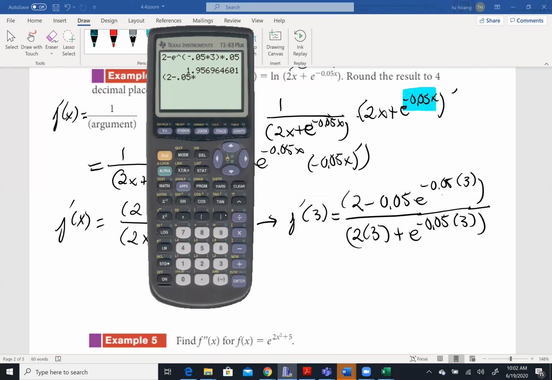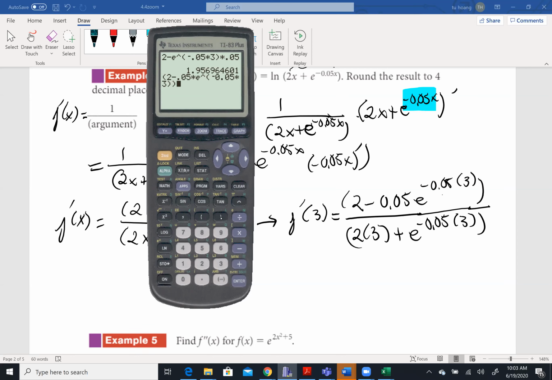I have the little e on the calculator here. So e to the power negative 0.05 times 3. Actually, I have to have parentheses first, because this has two numbers, 0.05 and 3. Okay, I'm done with the top.